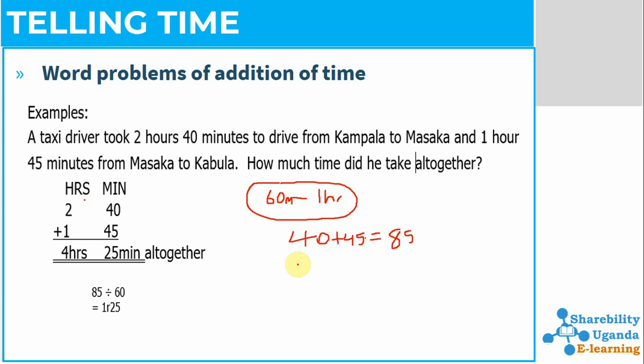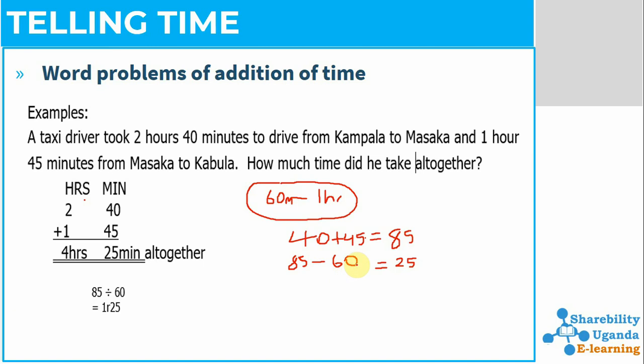That means when we have 85 minutes and want to find out the hours that are in this, we say 85 minus 60, and we come up with an answer of 25 minutes.